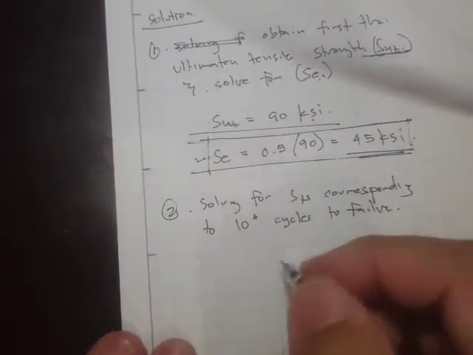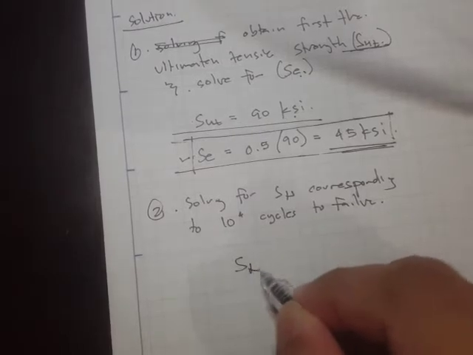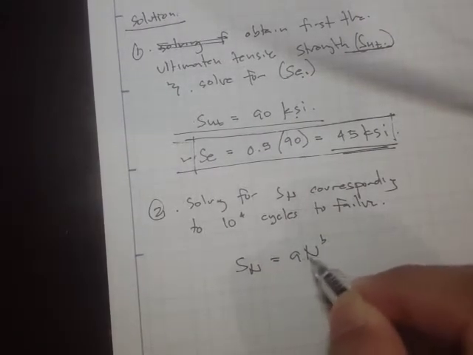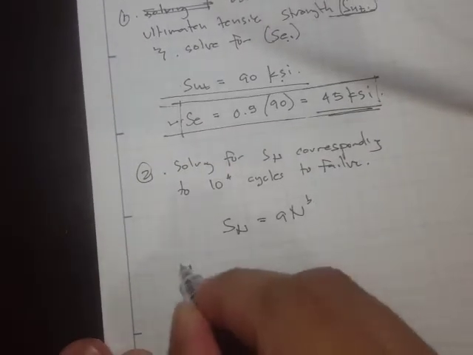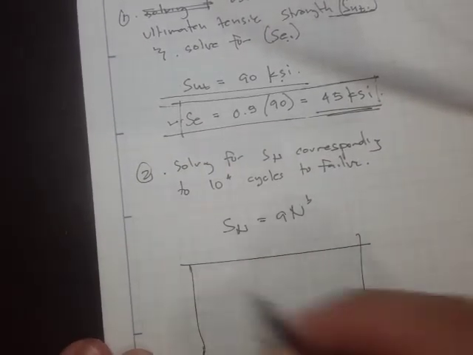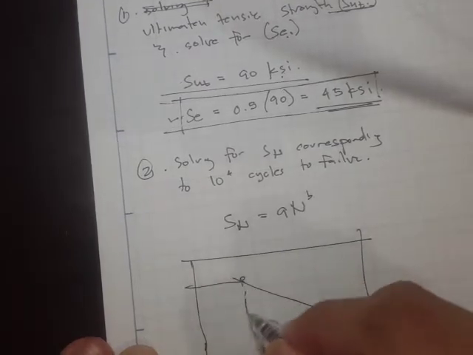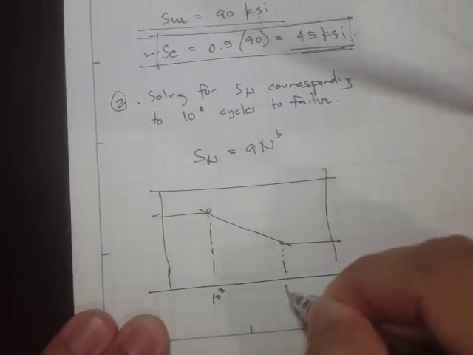If you recall, our equation is Sn equals A times n to the B. If this is the graph, this is 10 to the 3, and this one is 10 to the 6.